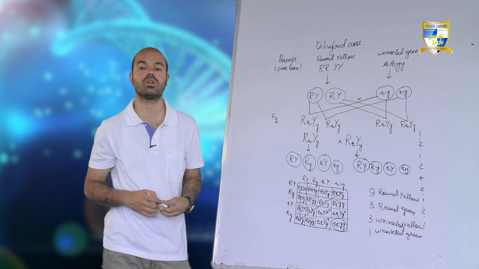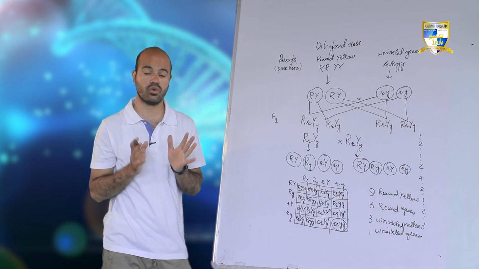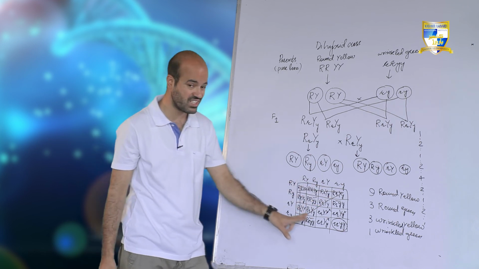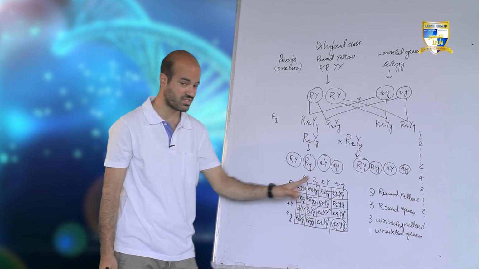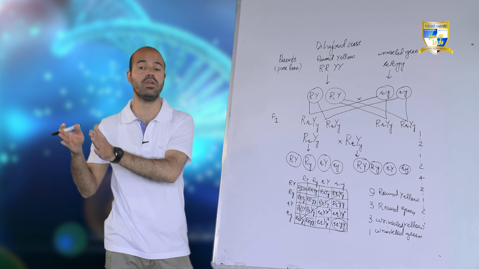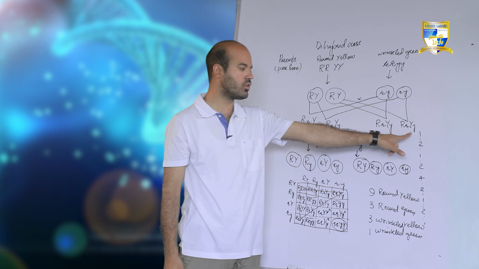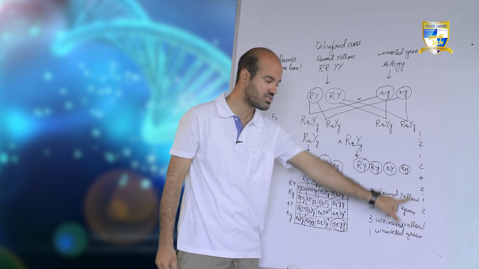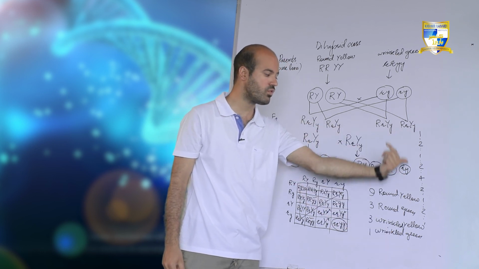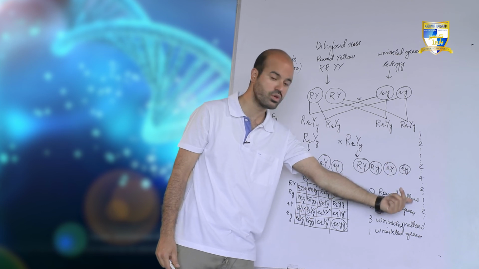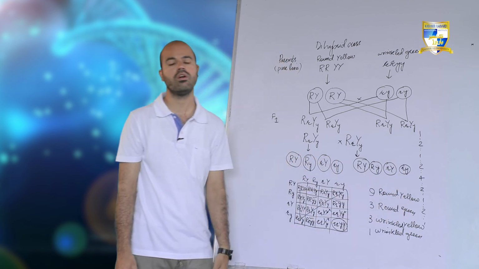This will be the genotypic ratio. That means this is the genetic combination of this dihybrid cross when the F2 generation is formed by self-pollination. We will have genotypes in this ratio, 1:2:1:2:4:2:1:2:1.